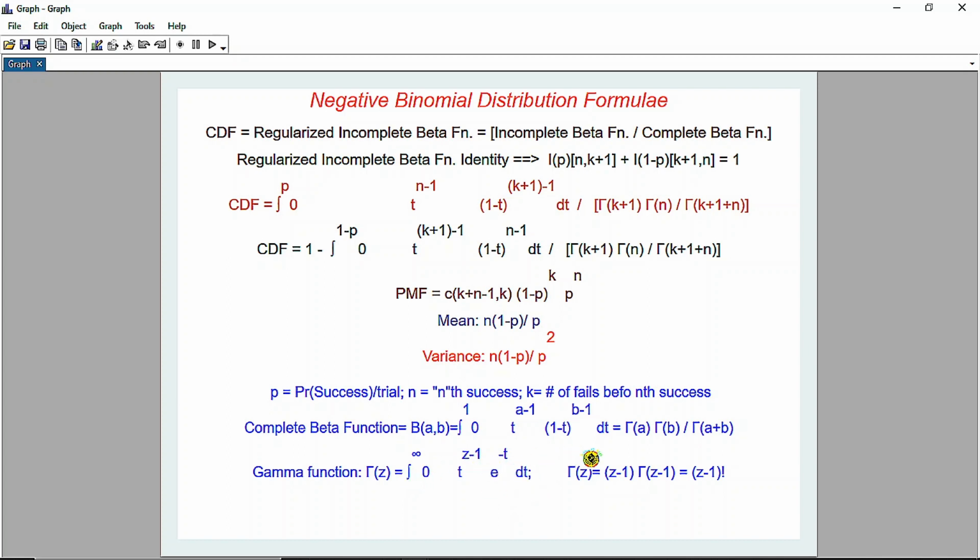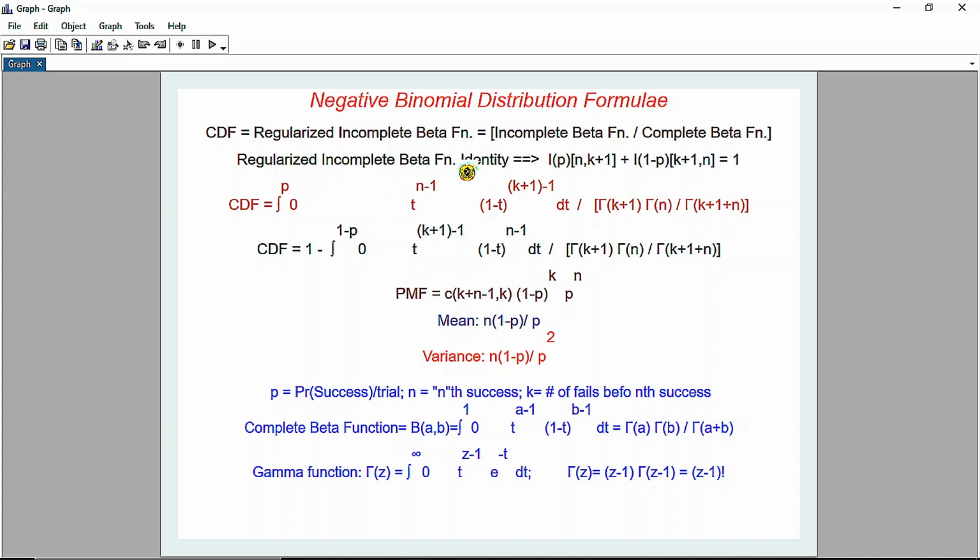This can be boiled down to gamma z is equal to z minus 1 factorial, and z minus 1 factorial can be written as z minus 1 times z minus 2 factorial. And from this relationship, z minus 2 factorial can be written as gamma z minus 1. So gamma z can be written as z minus 1 times gamma z minus 1, which is equal to z minus 1 factorial.